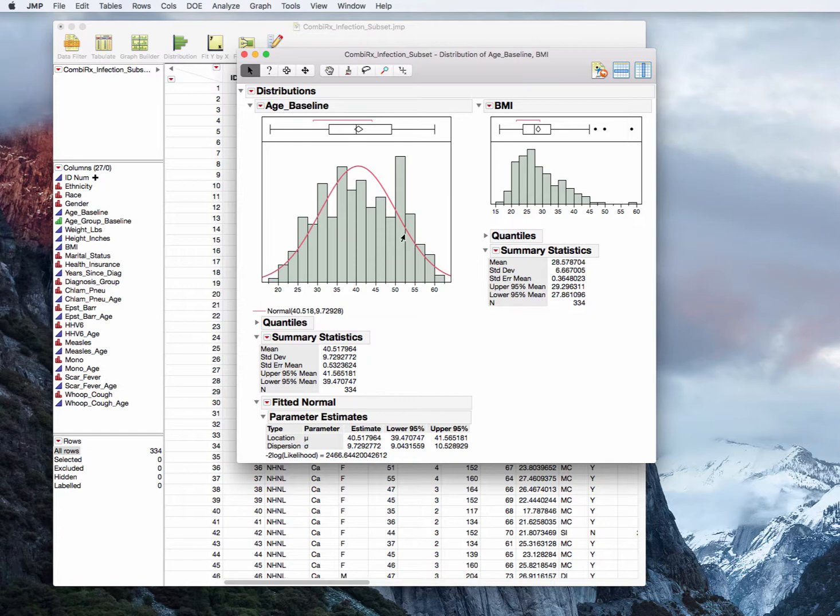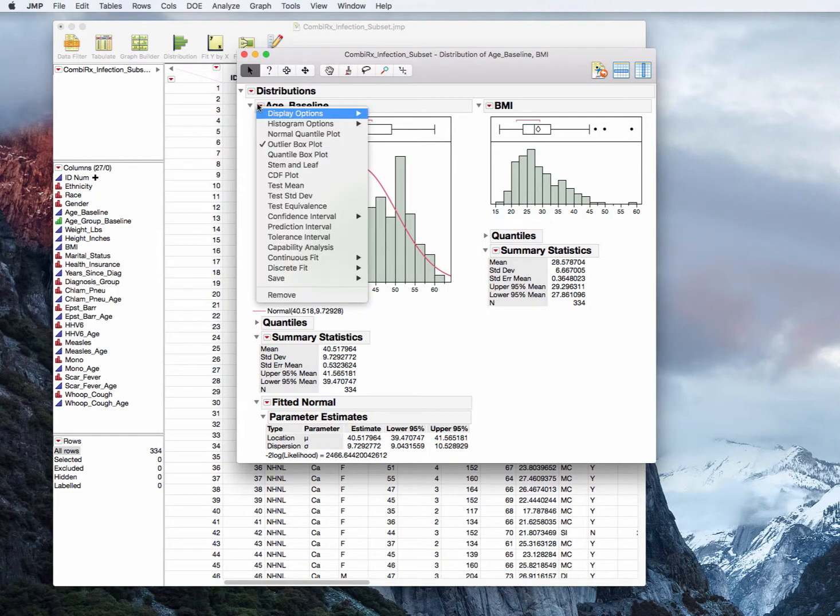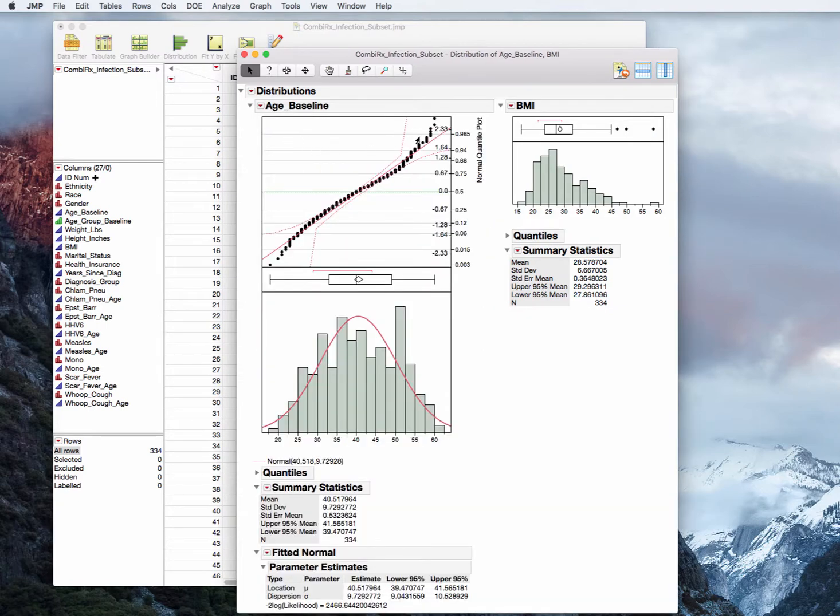Now, our sample size here is 334, and perhaps if we took a larger sample, we could fill in some of these areas. One of the ways that we have to look at normality is called the normal quantile plot, again from the red dropdown. Click normal quantile plot, and JMP will provide you with an assessment of normality, which we'll learn about later.